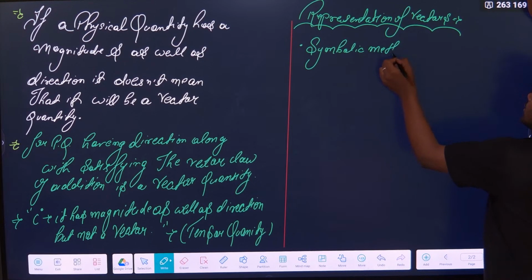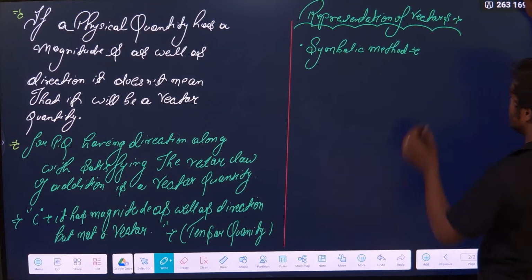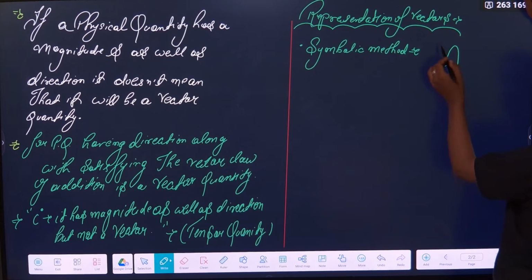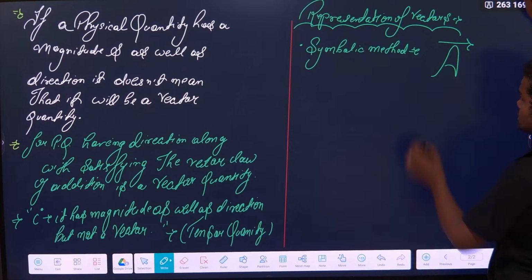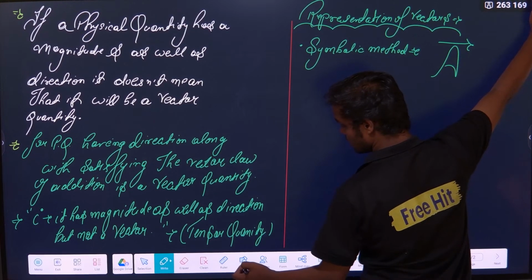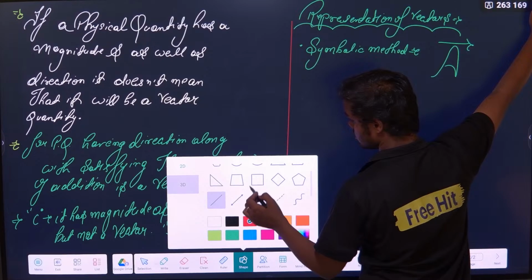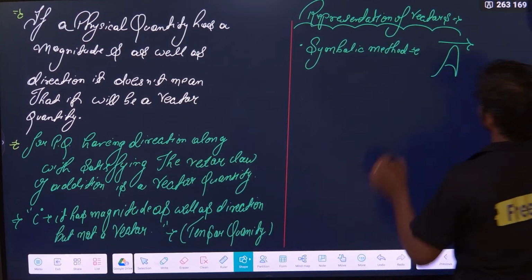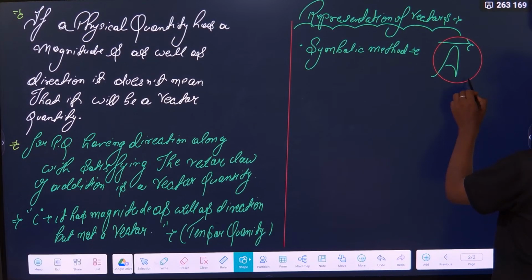What do you mean by symbolic method? Symbolic method means suppose I have to write some vector. So I will just write it like this. Suppose the vector A, and I will put it like this. This representation is called a symbolic representation.